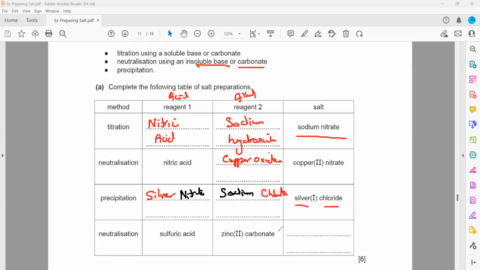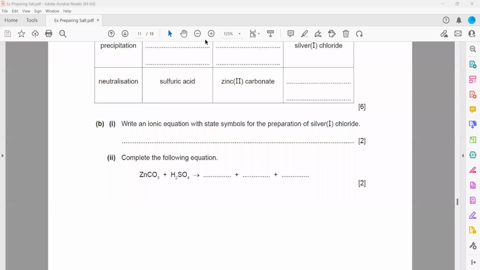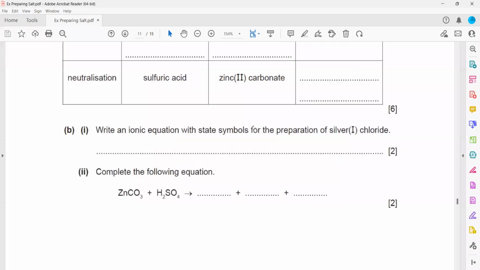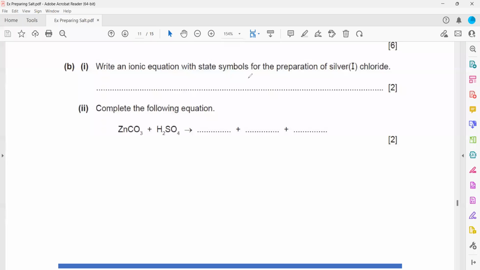Sulfuric acid plus zinc carbonate. Which salt will be produced? It will produce zinc sulfate. Then write the ionic equation for silver chloride formed.